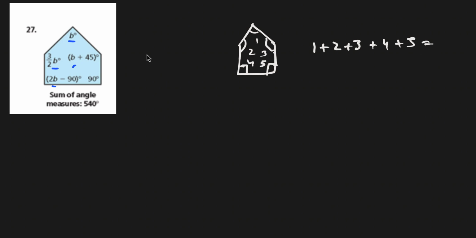You would add up these angles and set them equal to the sum of the angle measures. In this case, it's given. It's going to be 540 degrees, and we're assuming that all of these are in degrees. So we have B, the first angle, plus 3/2 B plus B plus 45. I'm not going to include the degrees because both sides are in degrees, so it doesn't matter.